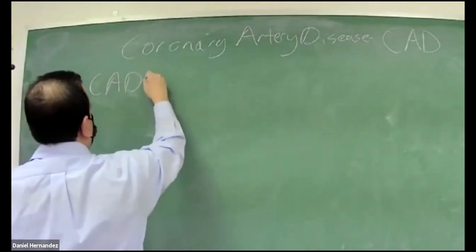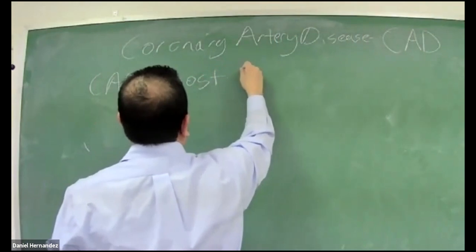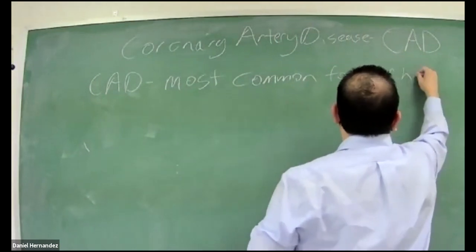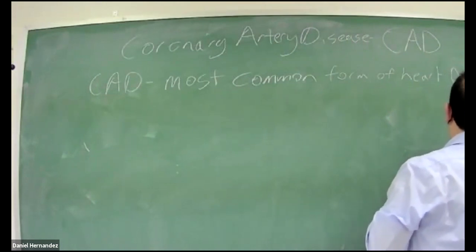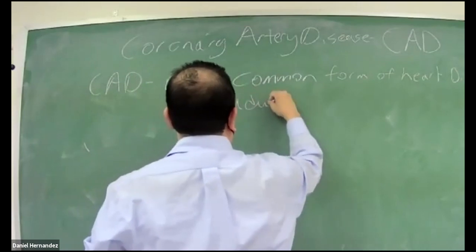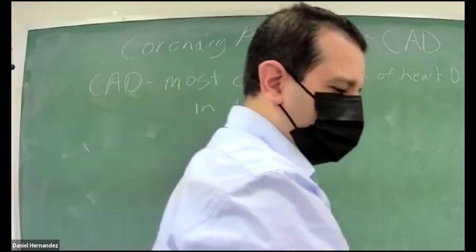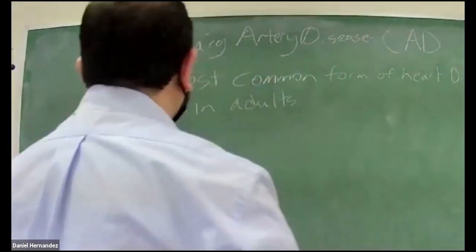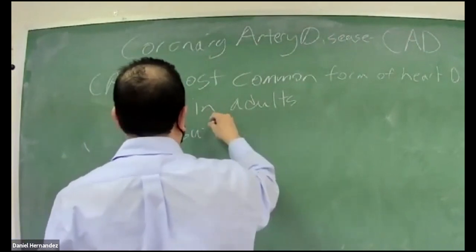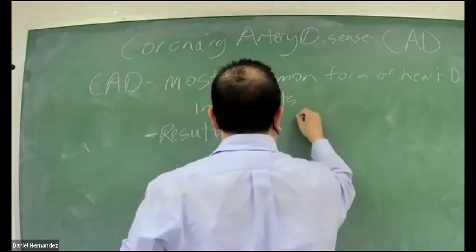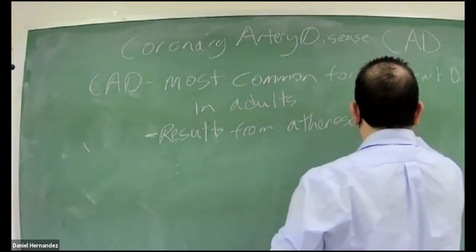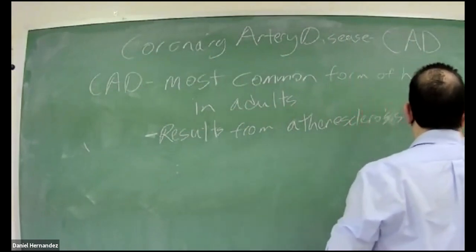CAD is going to be the most common form of heart disease found in adults, and it results from atherosclerosis of the coronary arteries.